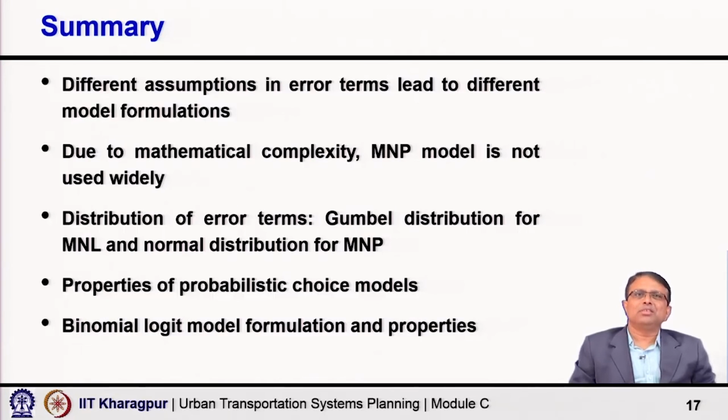We said that due to mathematical complexity, MNP is not so popular or widely used. We also said what the desirable properties of a probabilistic choice model are, and then we showed the formulation of the binomial logit model and its properties, and we said that binomial logit models satisfy 3 of the 4 desirable properties.